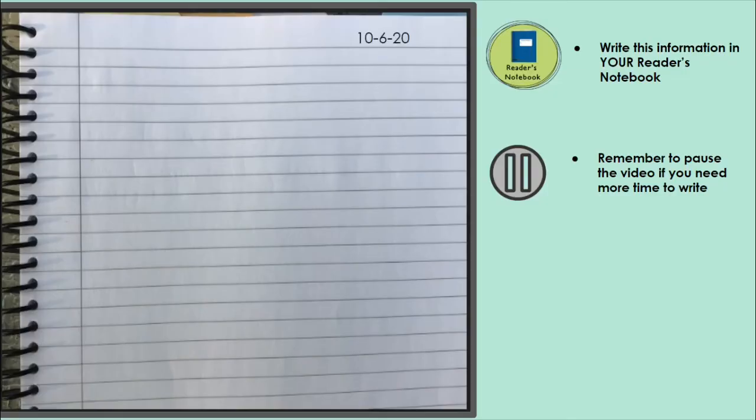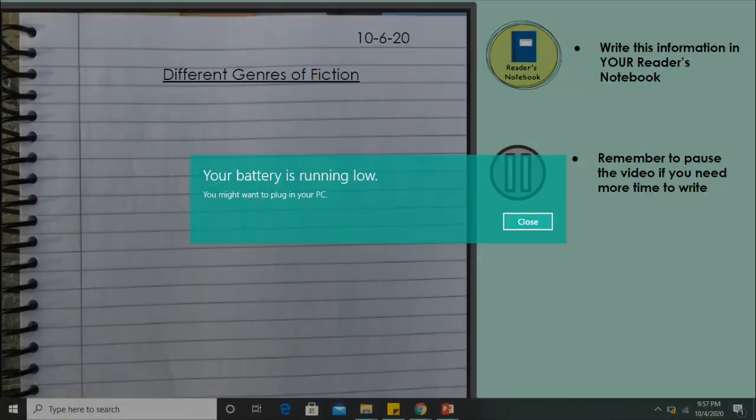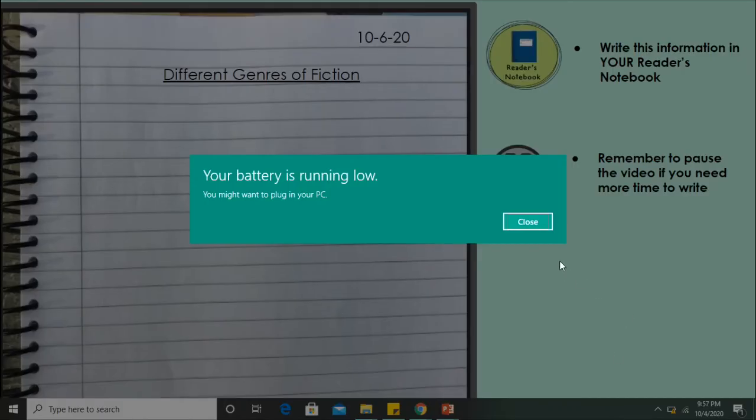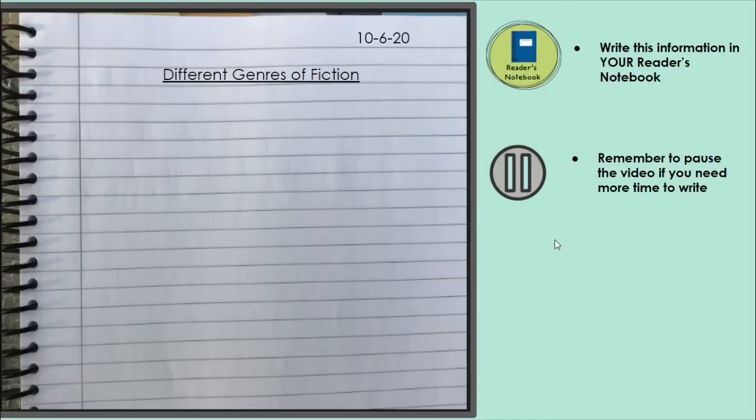All right, let's start with the date. Today is October 6, 2020. You're going to write a title for this page, and you're going to write different genres of fiction. We're going to write the definition of each of the genres, starting with realistic fiction: a realistic story with characters that are made up.